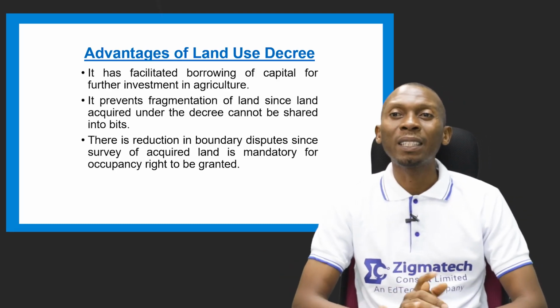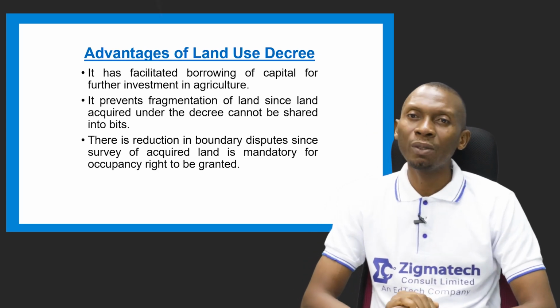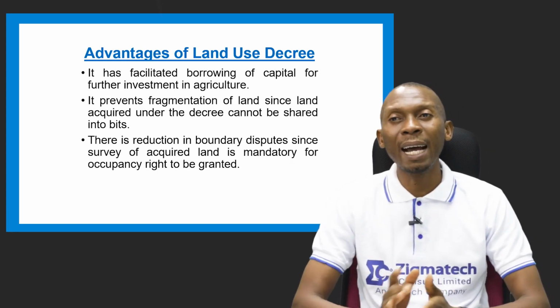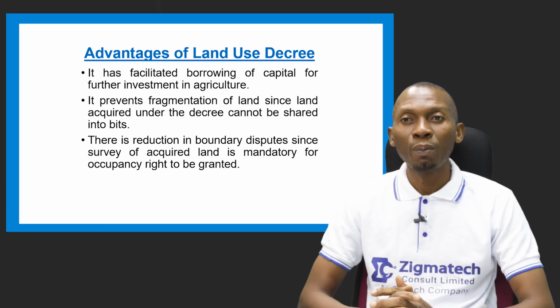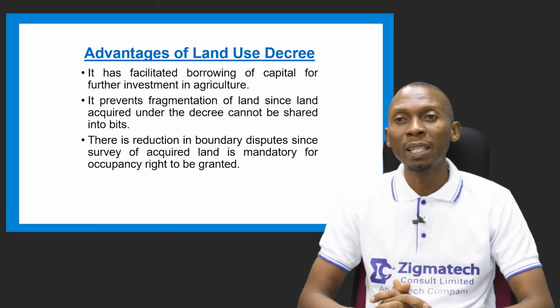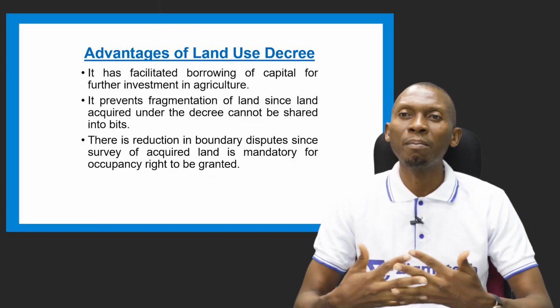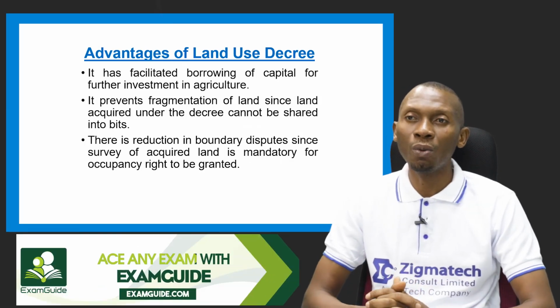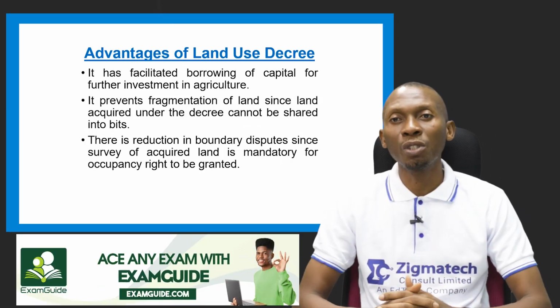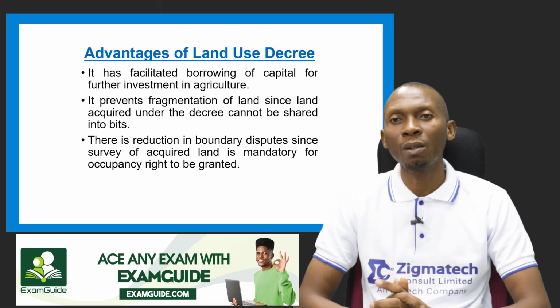It has also facilitated the borrowing of capital for further investment, because with the land use decree, people are able to own land individually, and as a result of this, they can use it as a collateral for obtaining loans from financial institutions for further investment in agriculture.